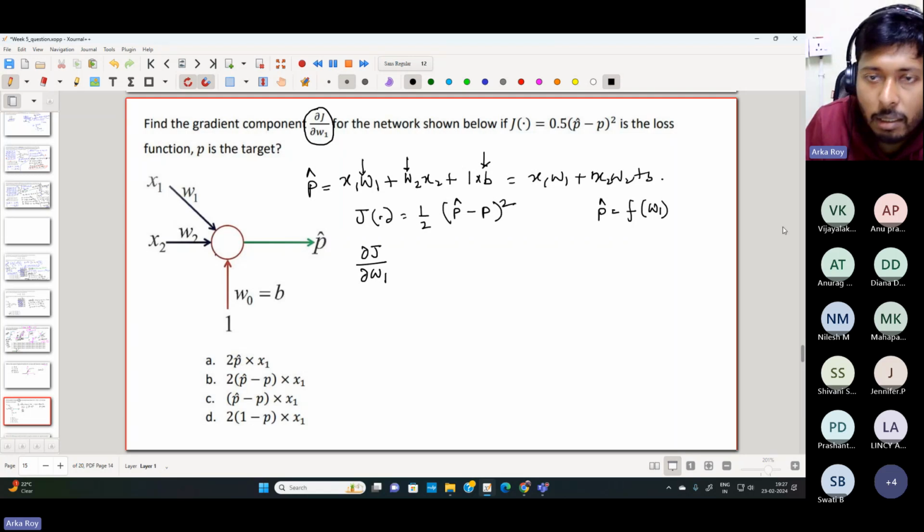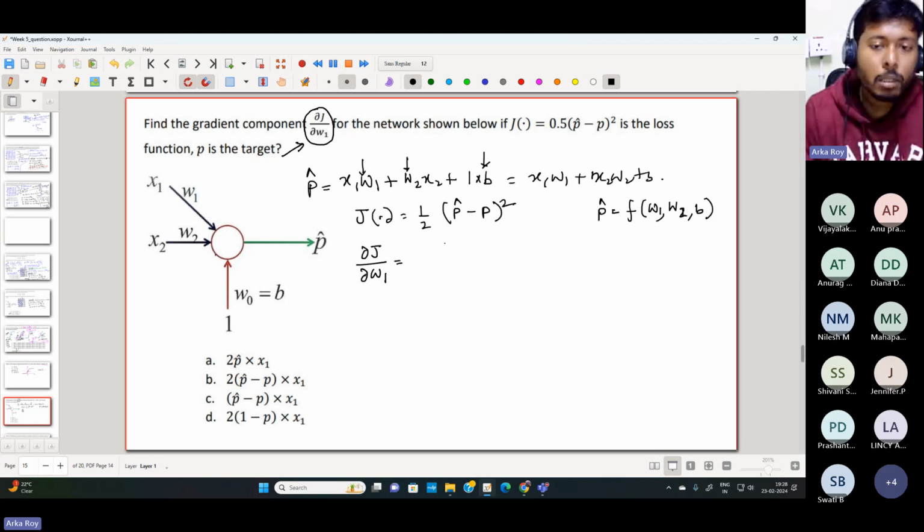You've been asked to find the gradient with respect to W1. So what will be the chain rule for this?